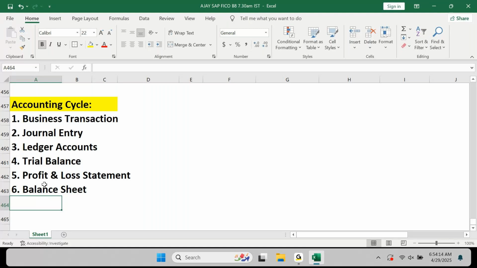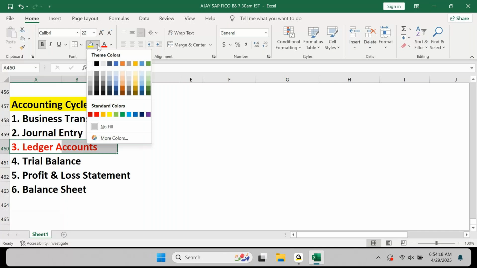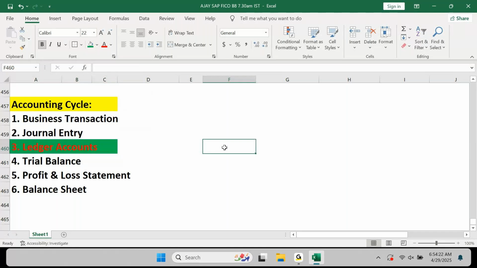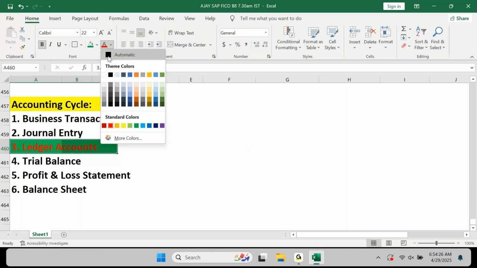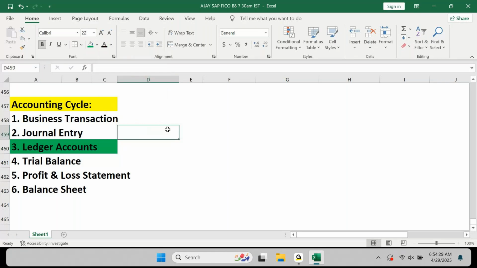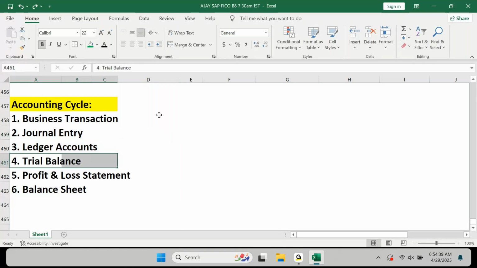If you look at the trial balance here, this trial balance is telling me whether my accounting is correct or not. Above the trial balance, what did we do?